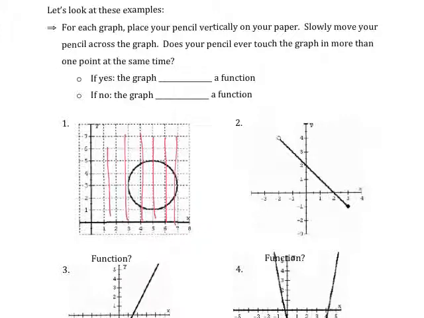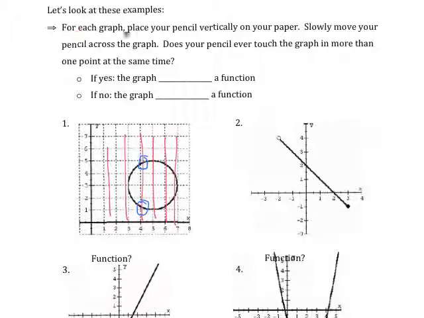So everybody look up at my screen. This line right here, how many y values does this line hit? 2. 1 right here and 1 right here. That means this x value of 4 has 2 y values. That's one input with 2 different outputs.